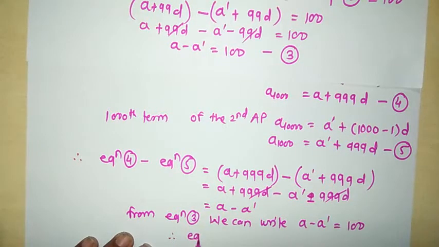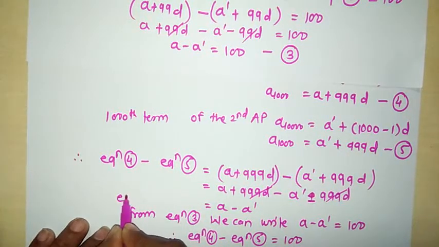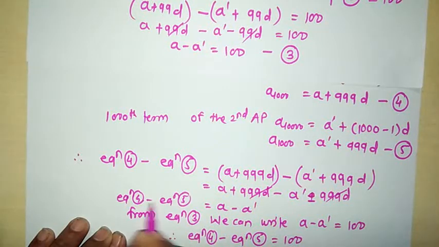Therefore equation 4 minus equation 5 is equal to 100. This is the difference of equation 4 minus equation 5, which is equal to a minus a dash.